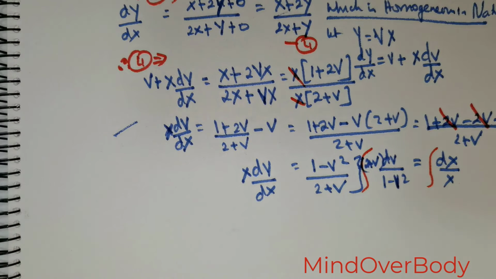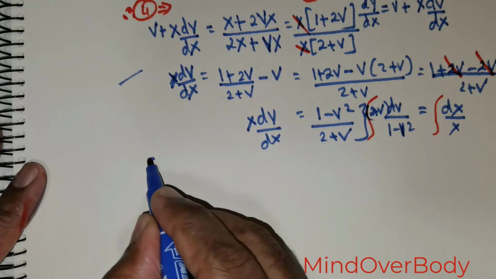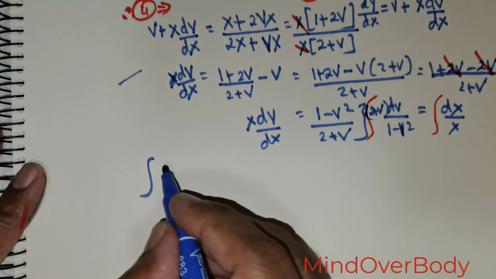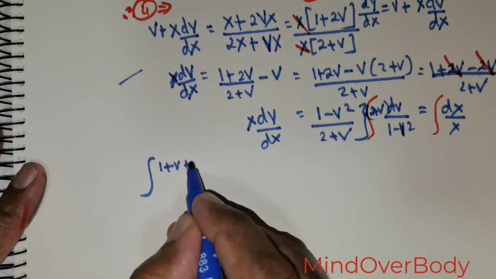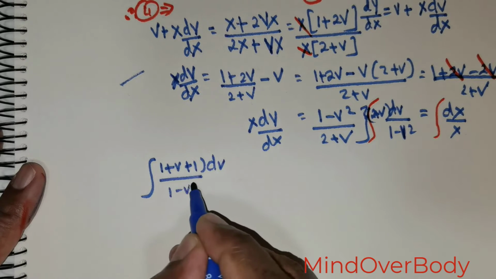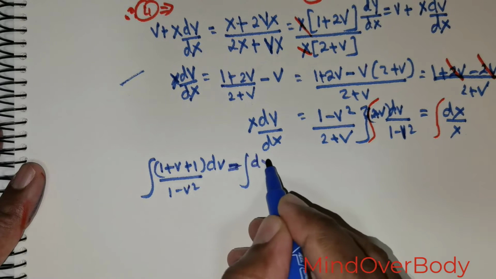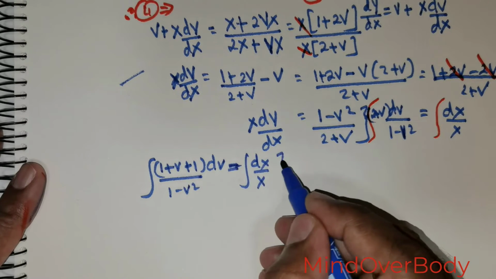Now I can make some substitutions for this. So what I would do is rewrite this quantity as integral of 1 plus v plus 1 times dv divided by 1 minus v squared is equal to integral dx over x.